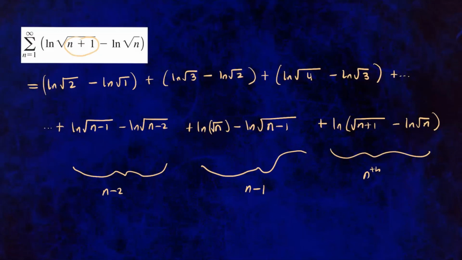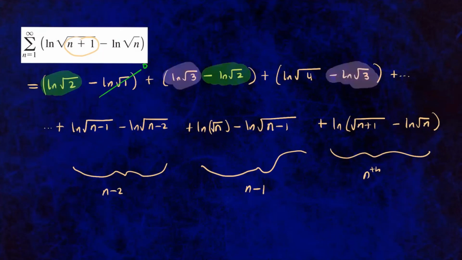Well, I know ln of 1 is 0, so that disappears. So ln of square root of 2, negative ln of square root of 2, that cancels. Ln of square root of 3, negative ln of square root of 3, that cancels. And you can see that this one right here will also cancel with something here. So every other term seems to cancel, plus and minus of the same term.